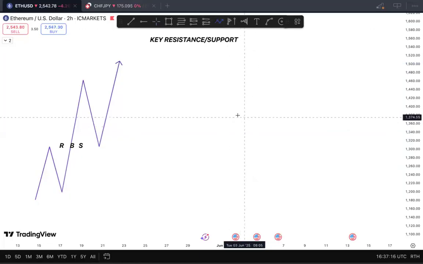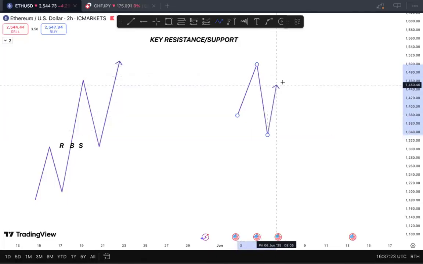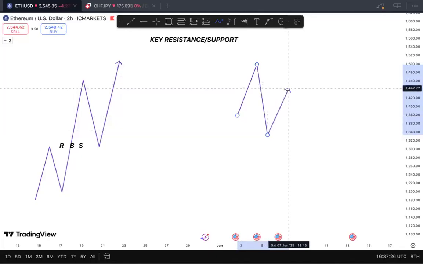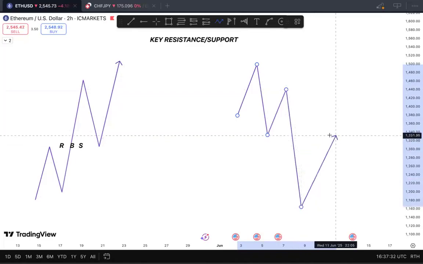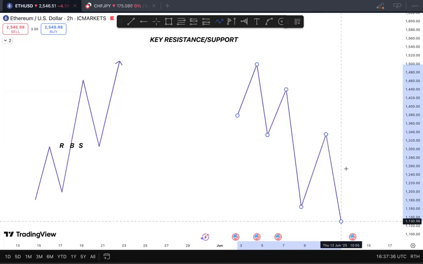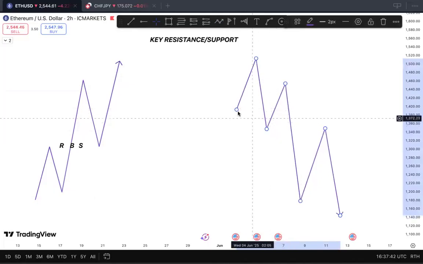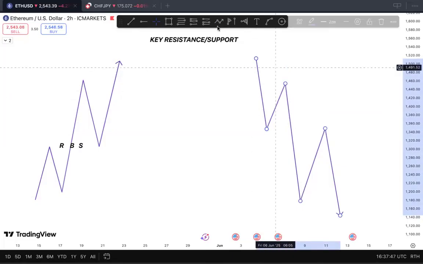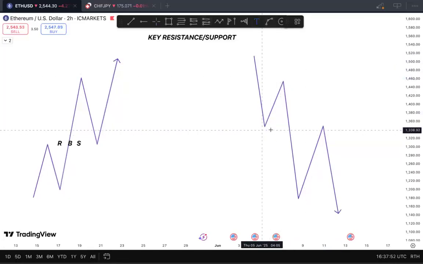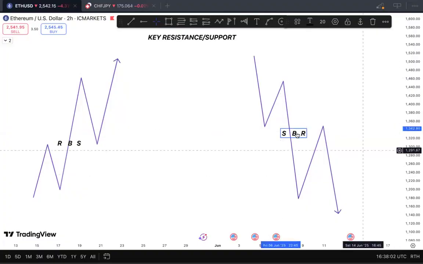The same thing applies, that each time a support is broken, it turns toward a resistance.